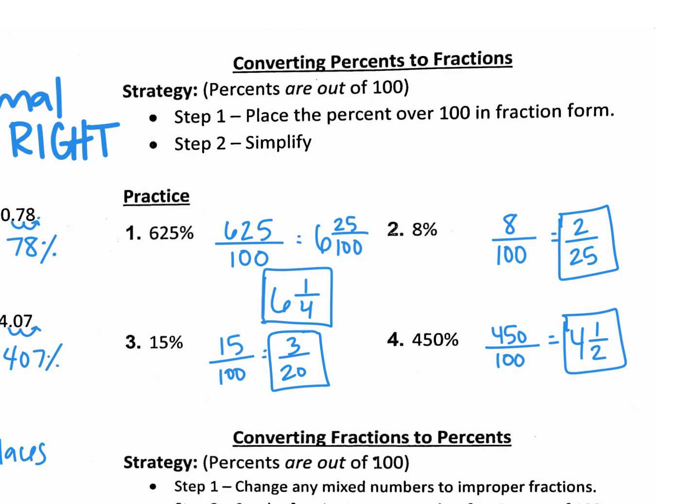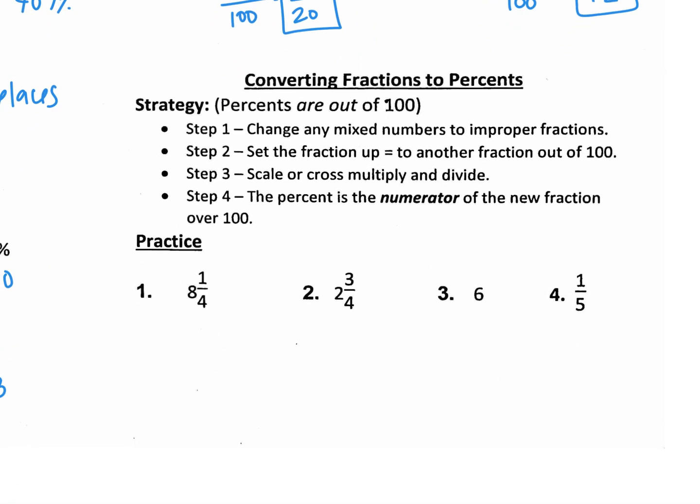All right, so moving on to fractions. We have 4 big steps. They are all important. Your reminders at the top, do not forget, percents are always out of 100. So step 1 says, first I need to change any mixed numbers to improper fractions. Looking at number 1, I'm going to change that mixed number to an improper fraction.